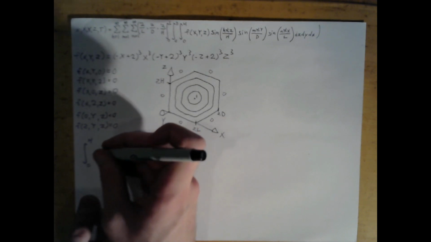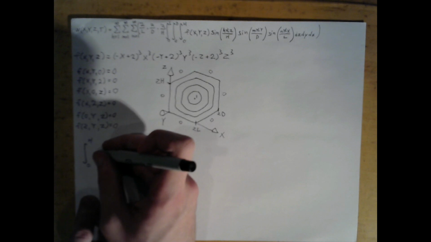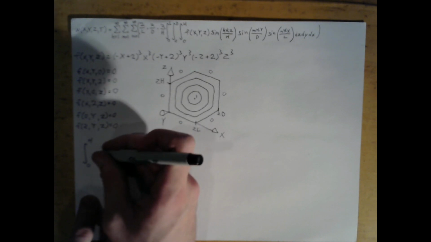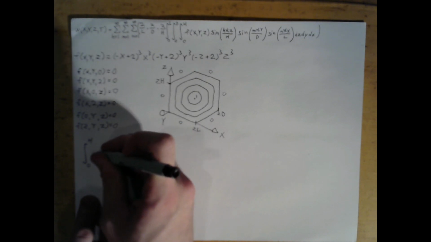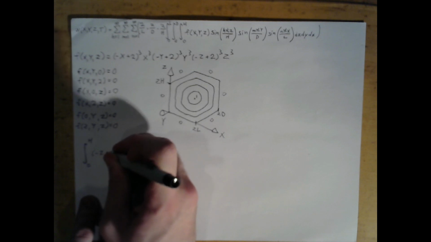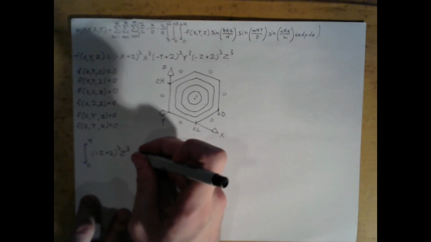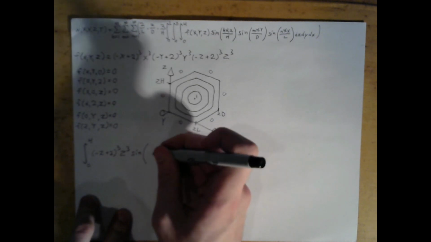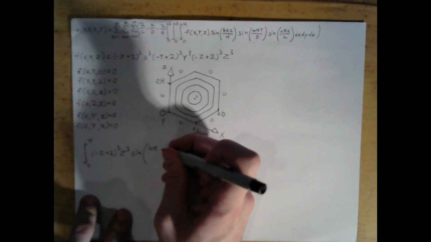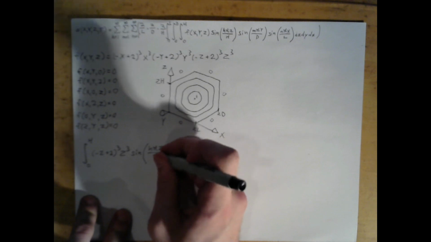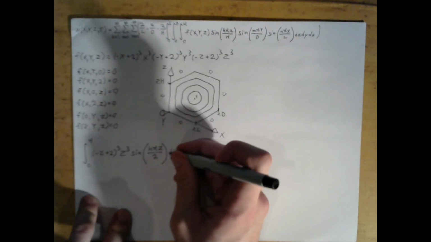We're essentially just going to say our integral here, starting with z, because it's 0 to h, is going to be negative (z minus 2) cubed, and then we're going to say sine of h pi z over 2, dz.